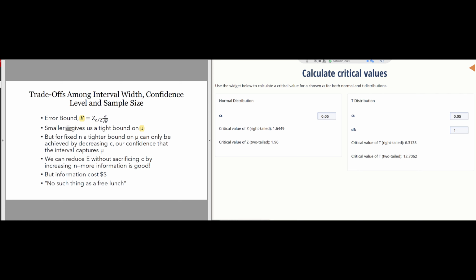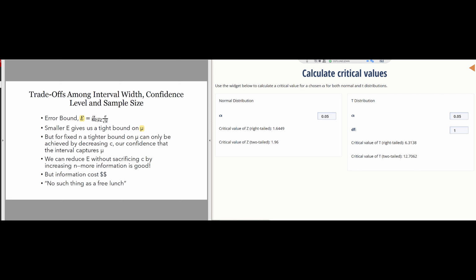And the narrower we can make that error bound for a given level of confidence, the better information we have, the better knowledge we have of what the true mean actually is.